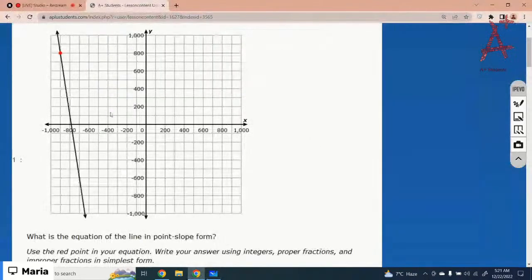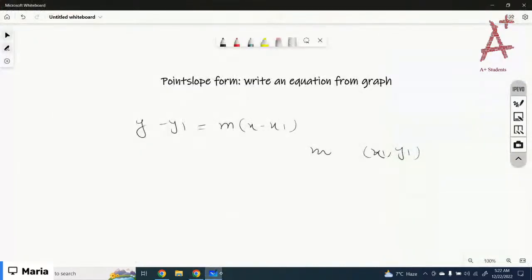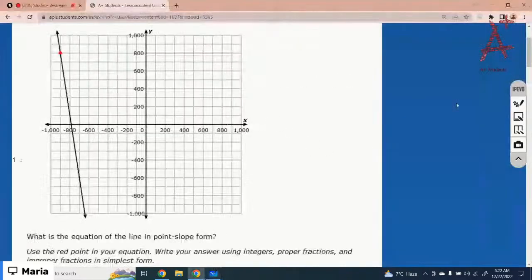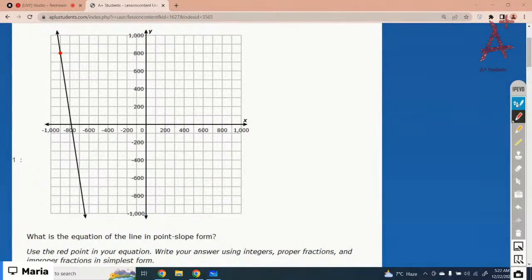Okay, you are given a point here. Got it? You can use this point. The point is x is negative 900 and y is 800. That is the point we're going to use.